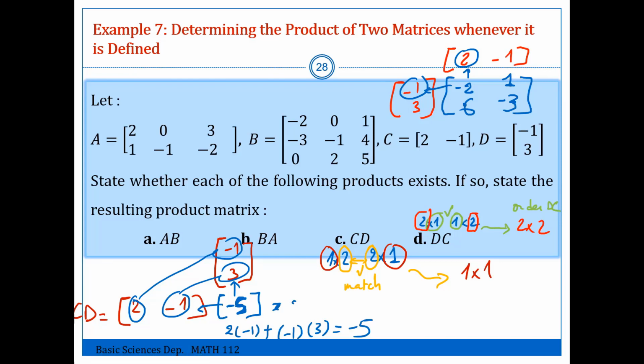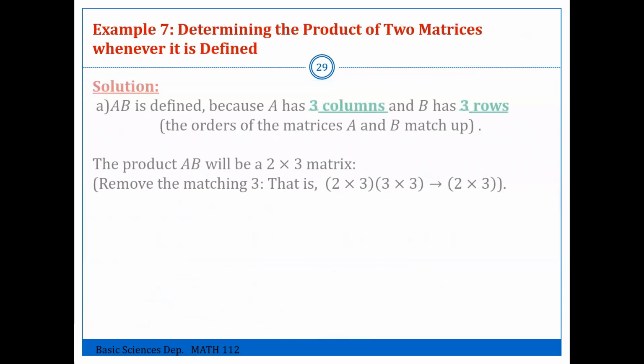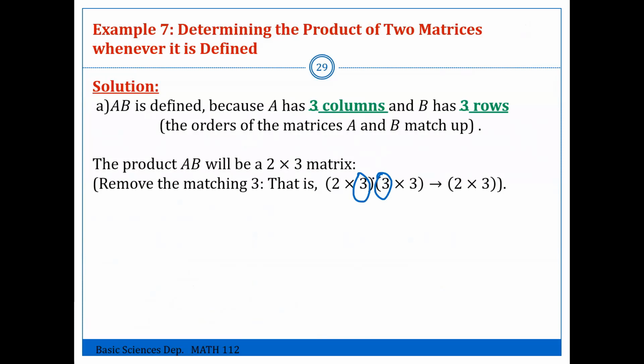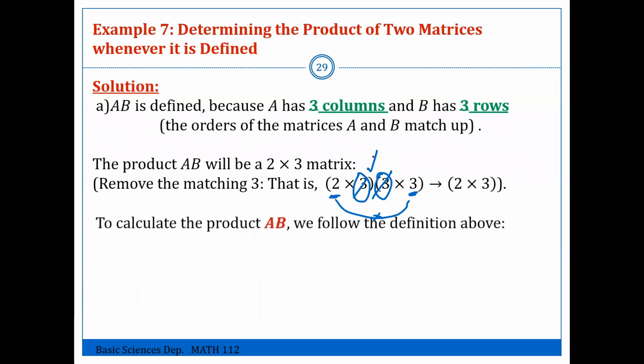This is the multiplication of matrices. It's very special. Be careful when you perform it. So start with checking the orders, whether they match. So this is the order of the result. Okay?